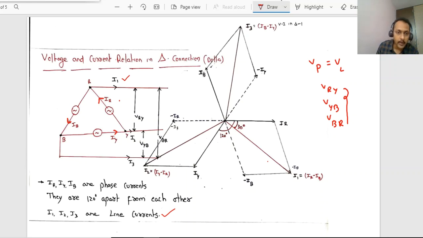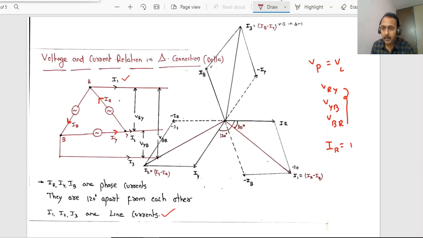Now one more important point, the phase currents will be 120 degrees apart from each other. As the system is balanced, all three phases will have the same magnitude, but angle-wise they will differ by 120 degrees. How do you understand that?